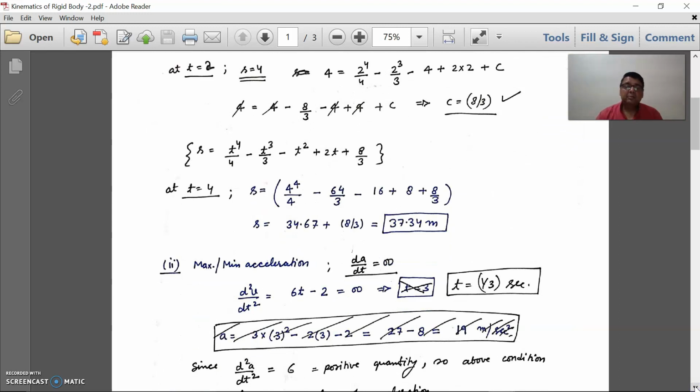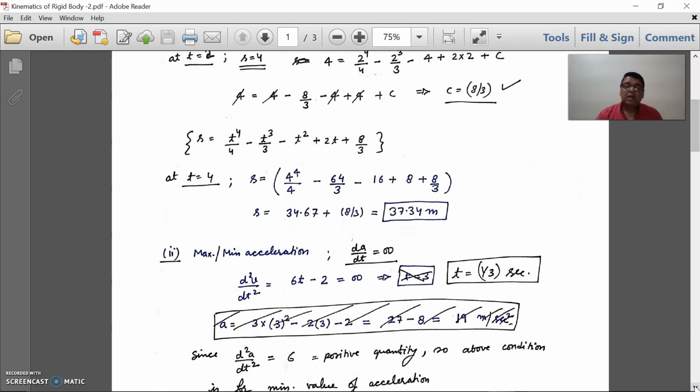And for maximum and minimum acceleration, I'll differentiate this: dA by dt is 6t minus 2, put that equal to 0, or t is equal to 1 by 3, right? If I differentiate once again, d2a by dt square is equal to 6, which is a positive quantity.